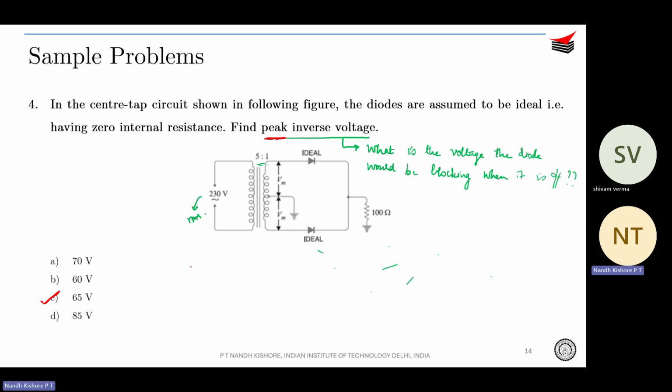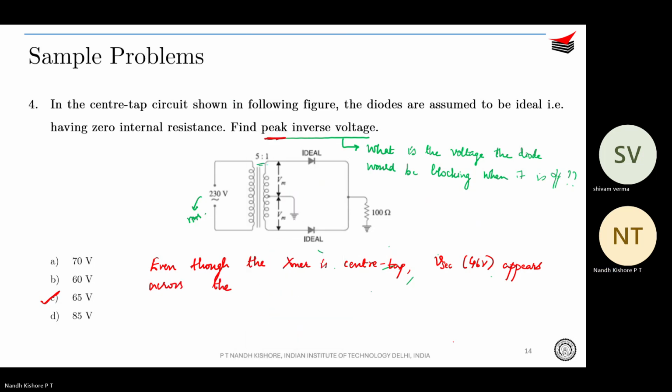One thing I will just clarify: even though the transformer is center tap, V secondary 46 volts appears across the entire secondary winding.